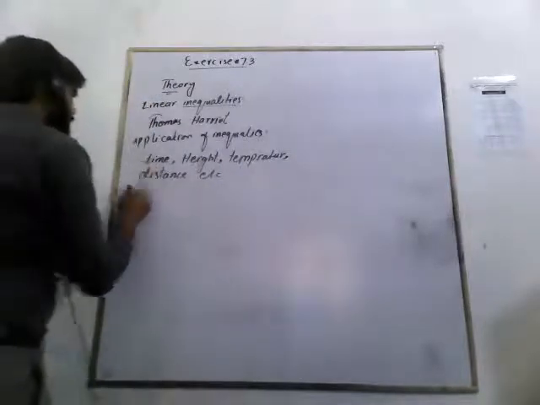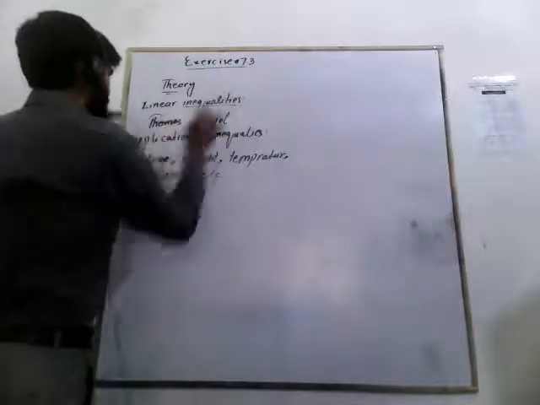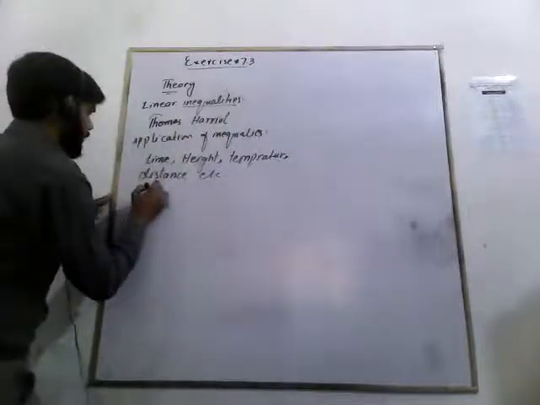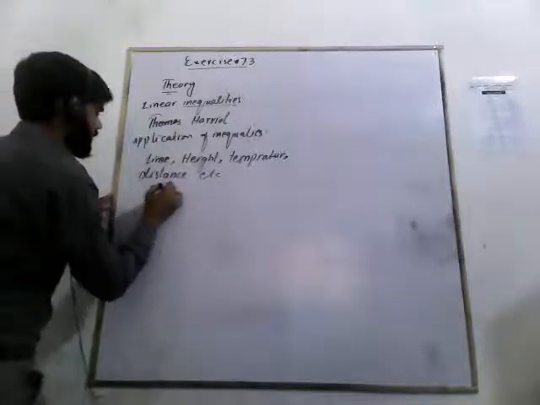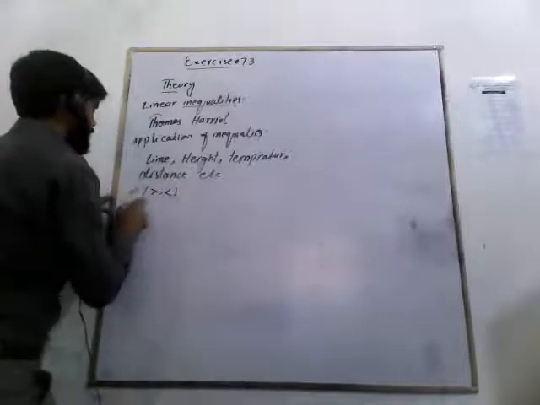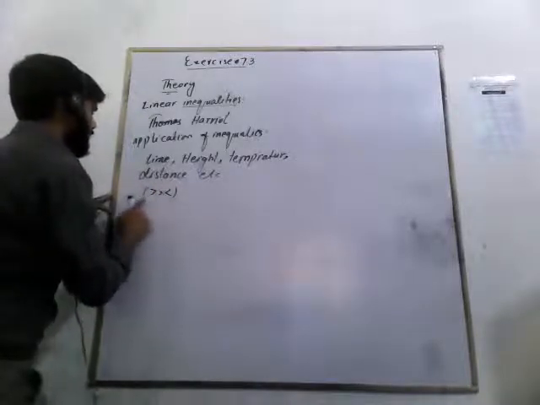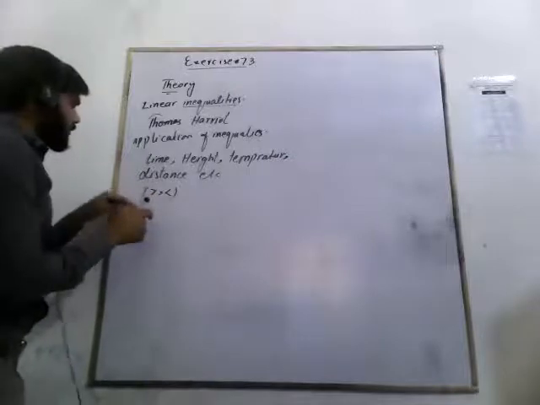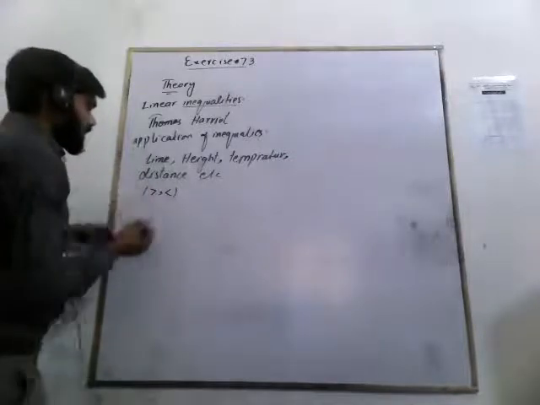Okay. Now Thomas Harriot introduced two signs of inequalities. One is greater than and the other is less than. When you think about these signs, these two signs are strict.